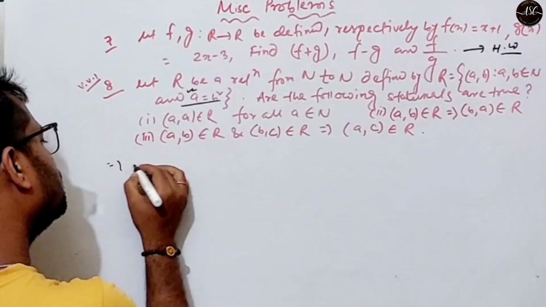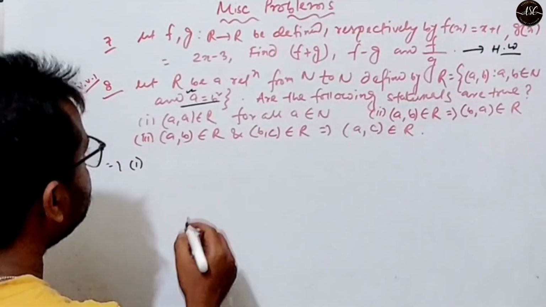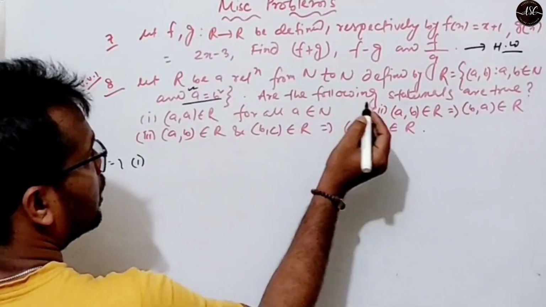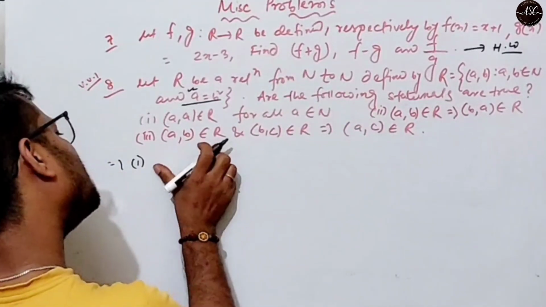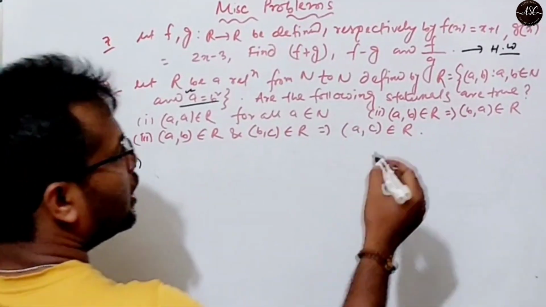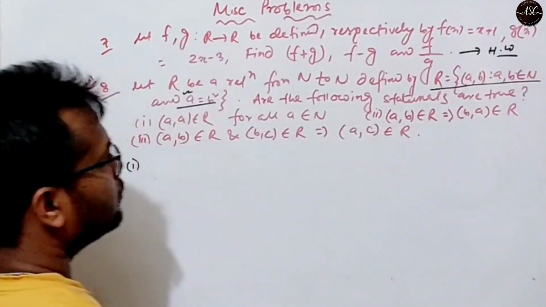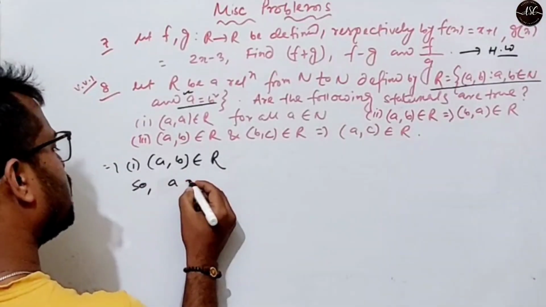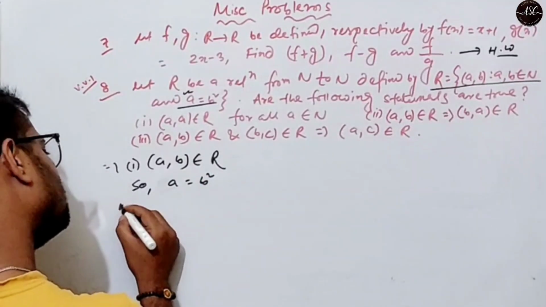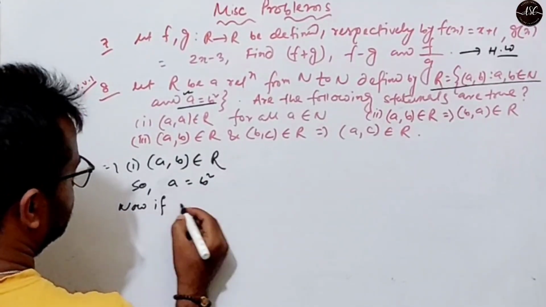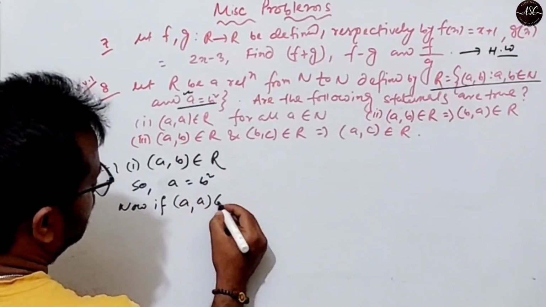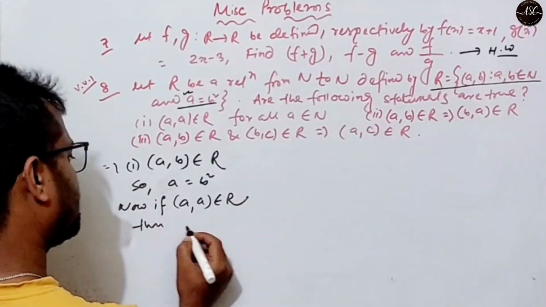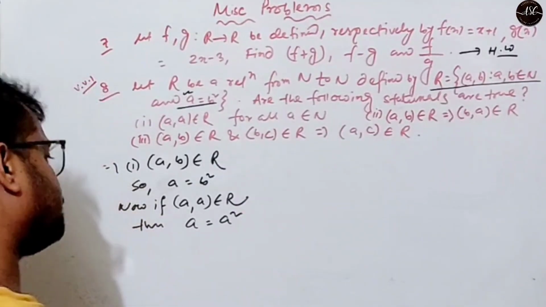So now look at the first statement. Here we have R where (a, b) belongs to R, a equal to b square. Now if (a, a) belongs to R, then a is equal to a square.